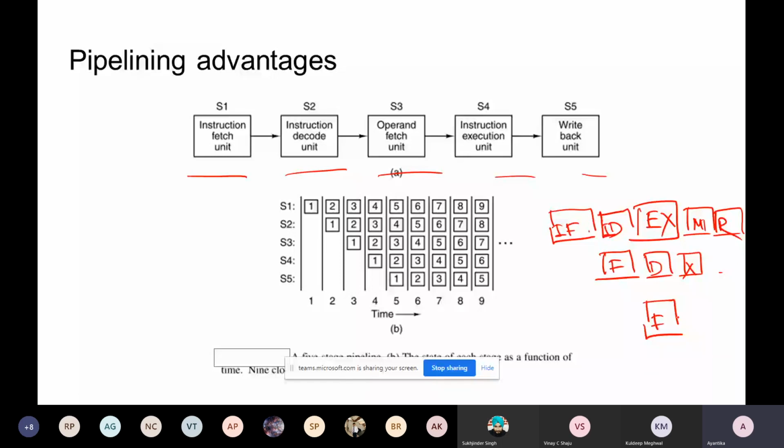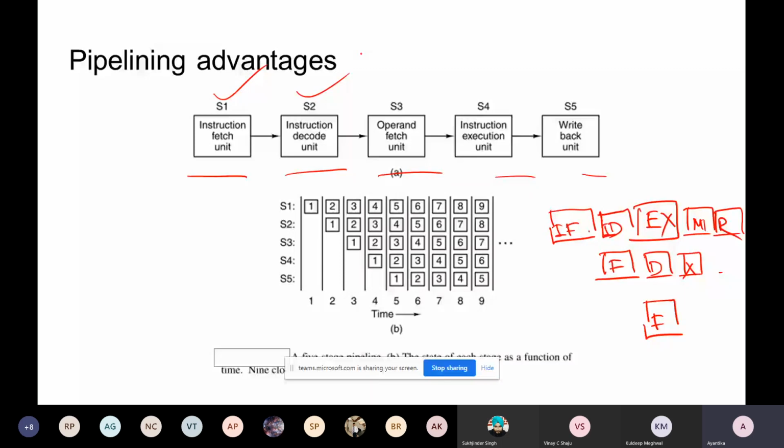So in this way you can see, without any pipeline, when you are executing 2 instructions, 10 clock cycles would have been required, considering that in 1 clock cycle you complete 1 stage, whether it is the fetch part, decode part, whatever it may be.